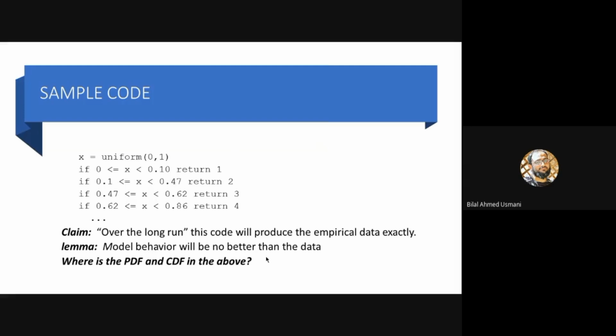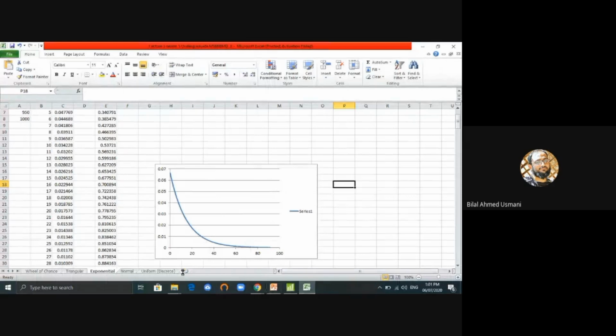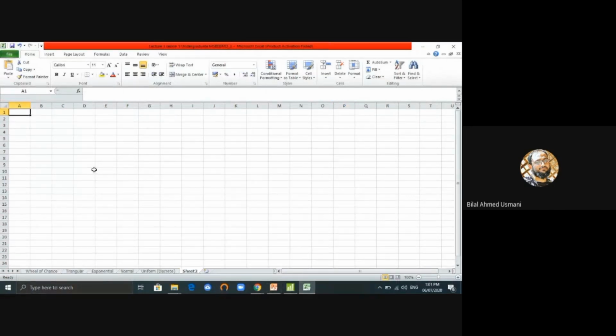So what is the PDF and CDF in the above case? Let's look at this example really quickly. There is a condition called the IF condition. What is the logical test? I say if D1, I don't know how to write less than or equal to in Excel.